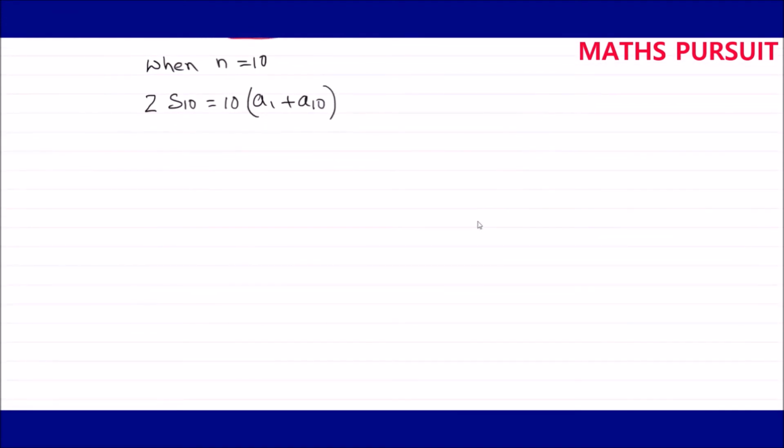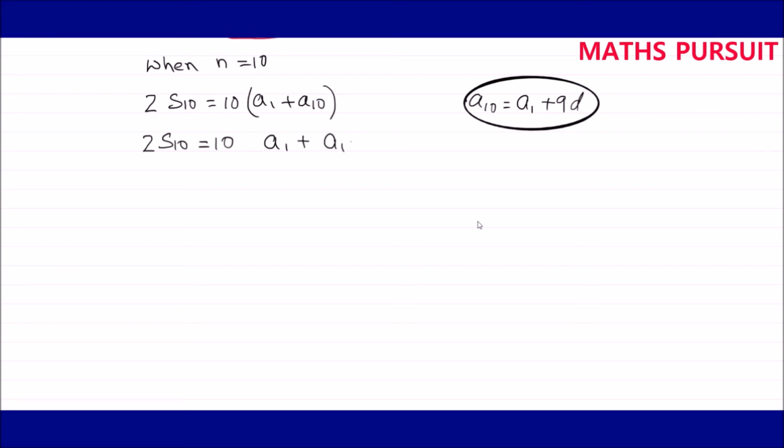Before solving that, we know that A10 is equal to A1 plus 9D. I hope we know this very well. Now 2S10 is equal to 10 into A1 plus 9D, just replacing A10 with A1 plus 9D.